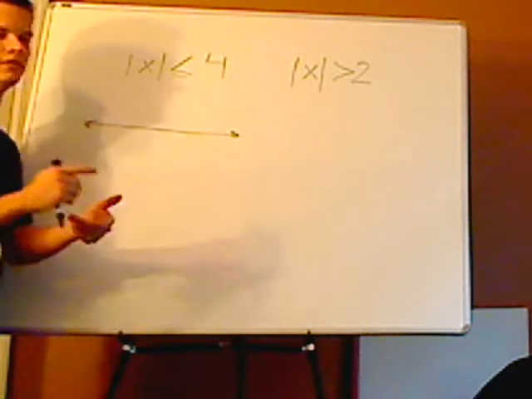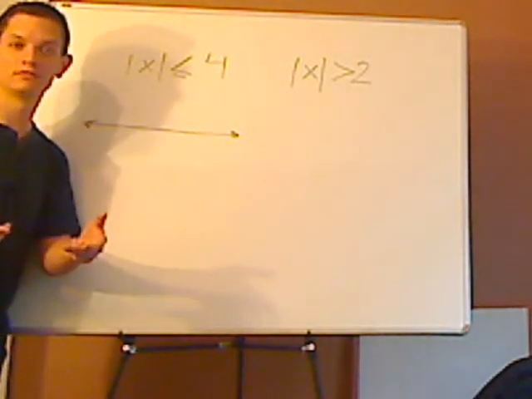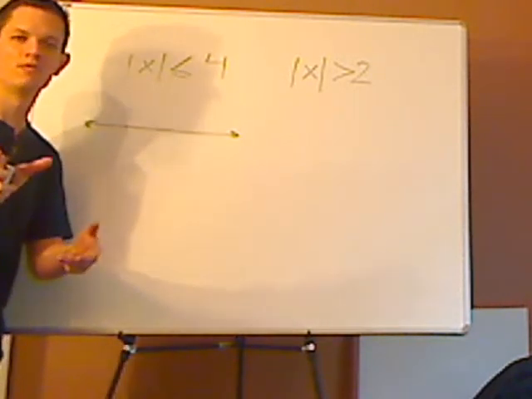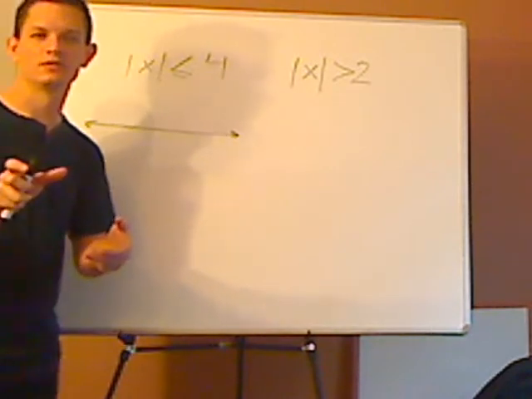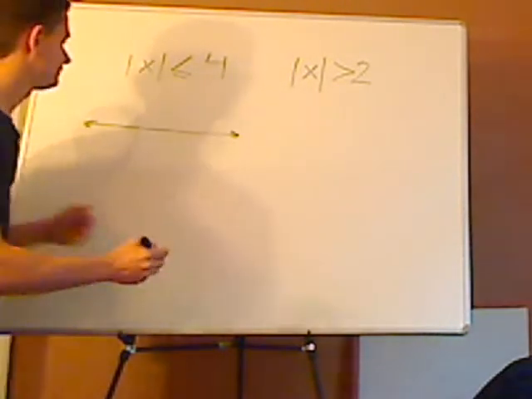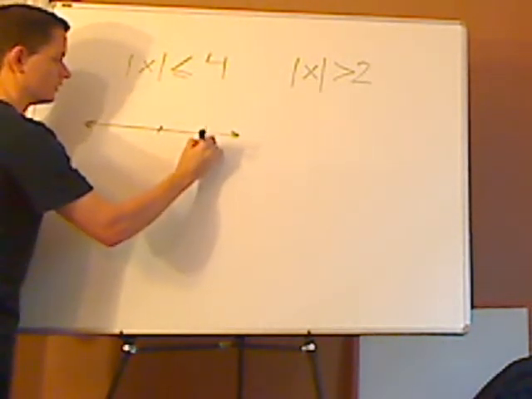Then also negative 3, negative 2, right? Negative 3.9, right? You take the absolute value of negative 3.9, and that becomes 3.9, which is definitely less than 4. So it's going to look something like this.